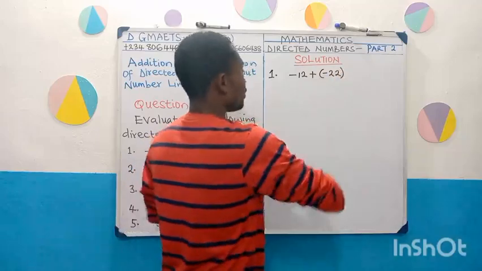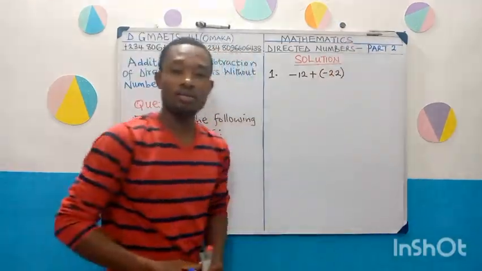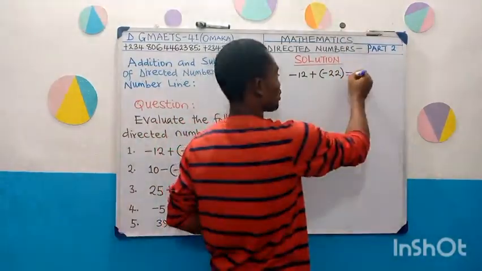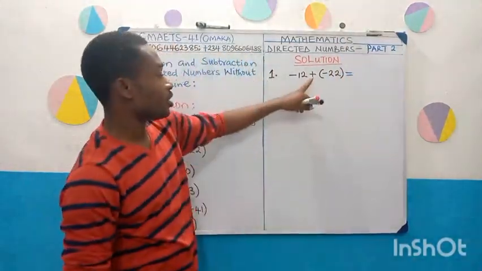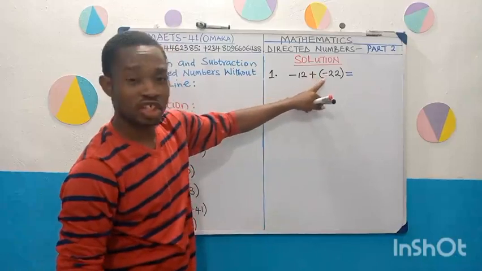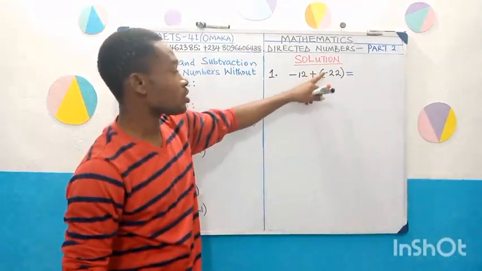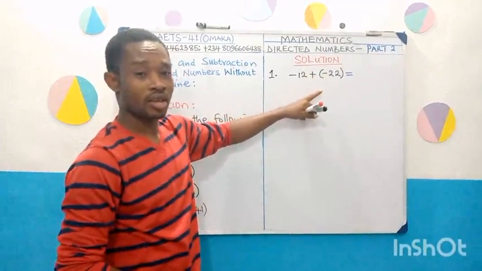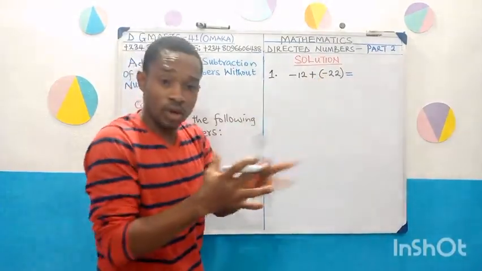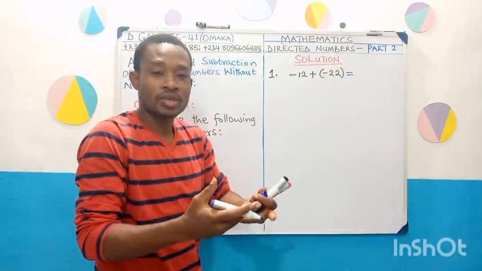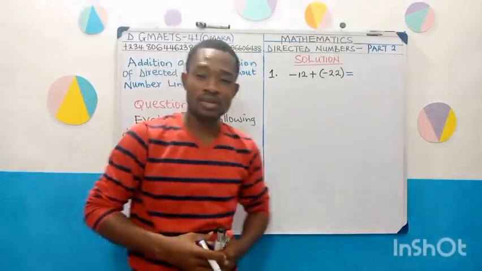Now you know that this minus 12 plus minus 22 is still the same as, watch now, remember, 2 signs follow each other here. So we're going to do plus times minus first, okay? Plus minus will give you minus.